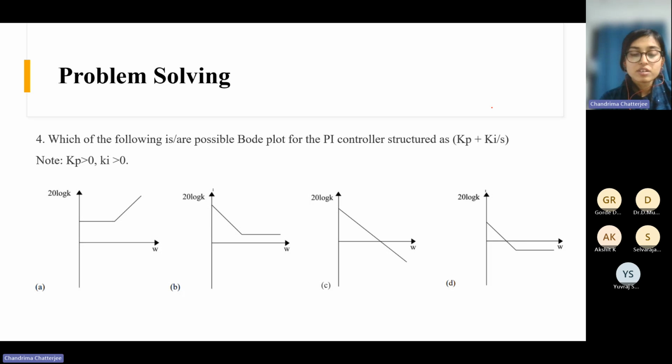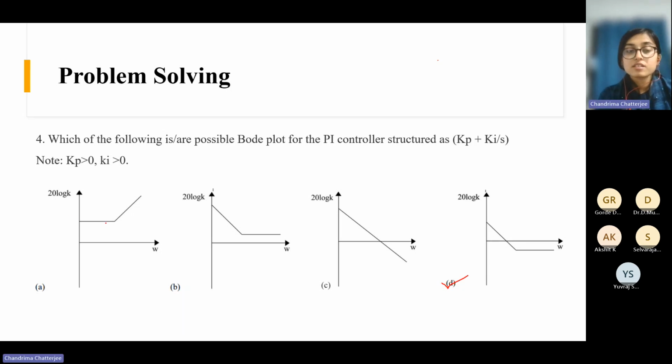This we already saw, right? There is no calculation. Which option is correct? Option D, the last one. Yes, this is the correct option.